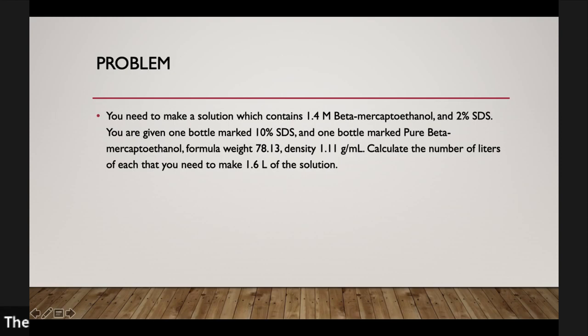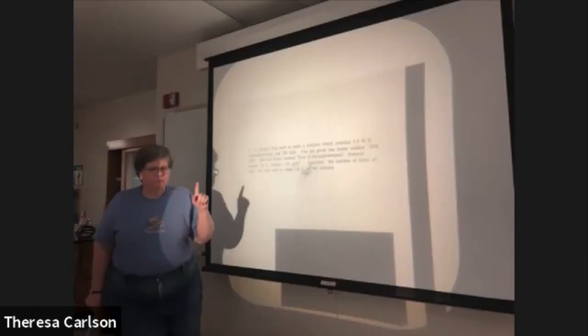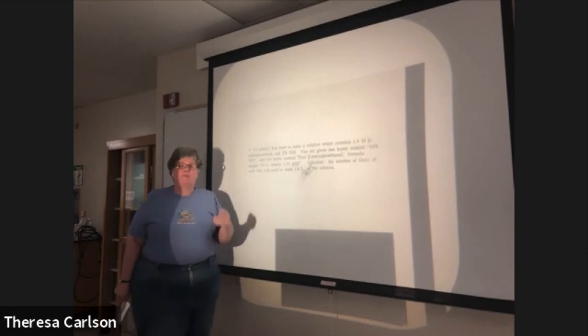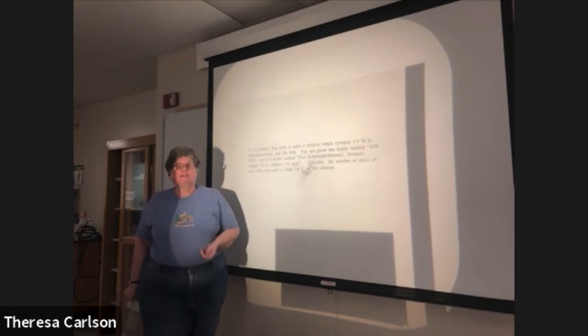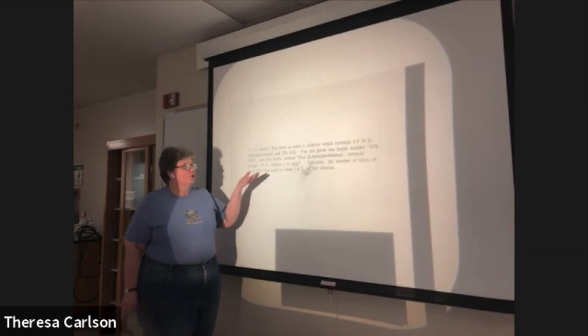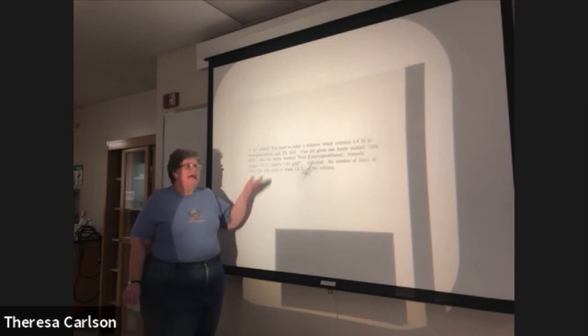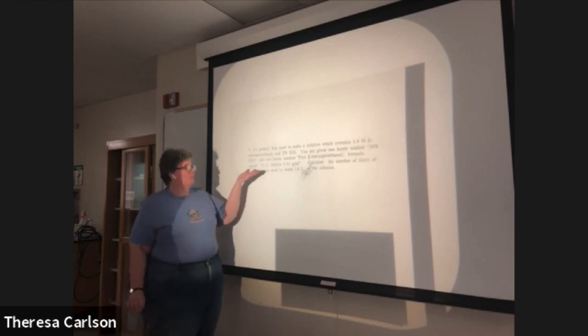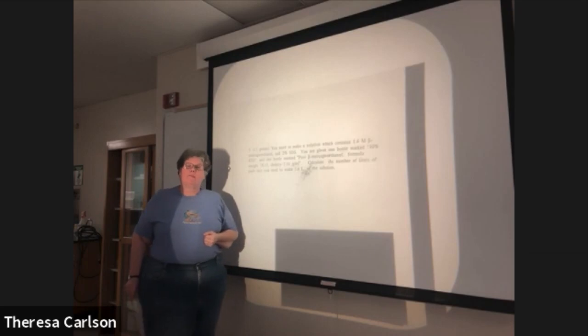Calculate the number of liters of each that you need to make 1.6 liters of the solution. Now, this was based on a question I got from a graduate student in a lab that I was working in who had this same kind of problem. They had beta-mercaptoethanol, and it did not tell them the molarity of the beta-mercaptoethanol, but it told them the formula weight and it told them the density.